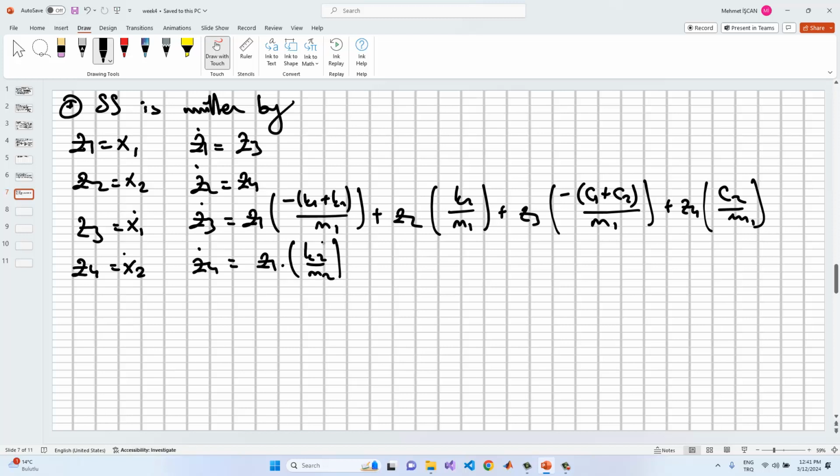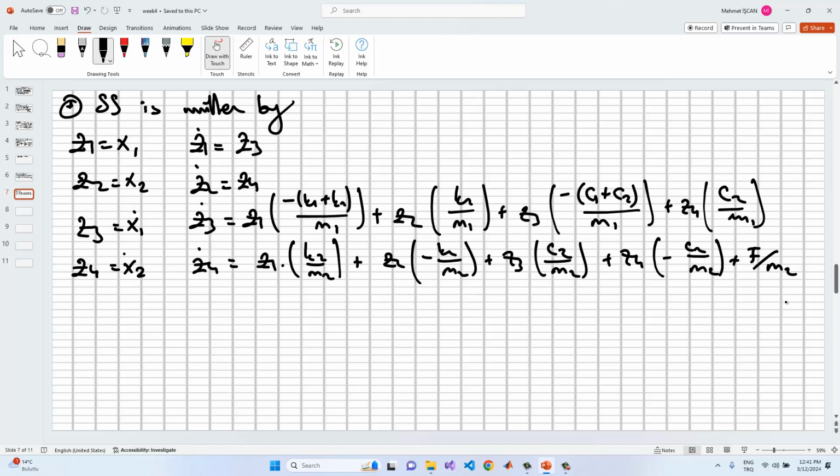I automatically write this from my notes, because it is our equation of motion from the previous page. Z2 times minus k2 divided by m2, plus Z3 c2 divided by m2, plus Z4 times minus c2 over m2, plus f over m2. Okay, and so how can we write our state space?